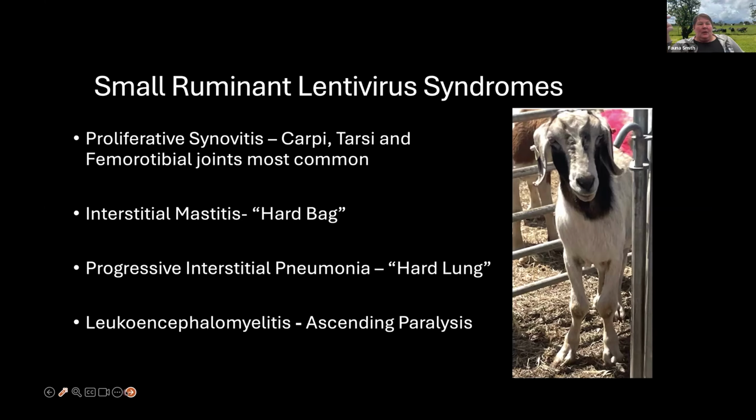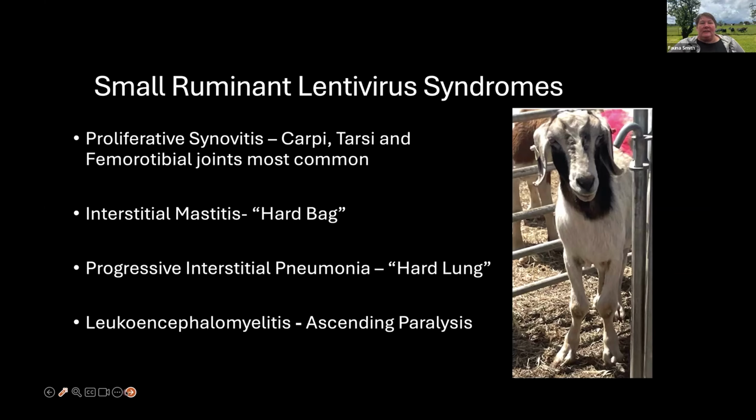The one we classically think about in goats is proliferative synovitis. I call it synovitis because the actual major pathology is in the synovium, not in the joint. Histologically, it's inflammation and calcification of the synovium with relatively minimal true articular arthritis.